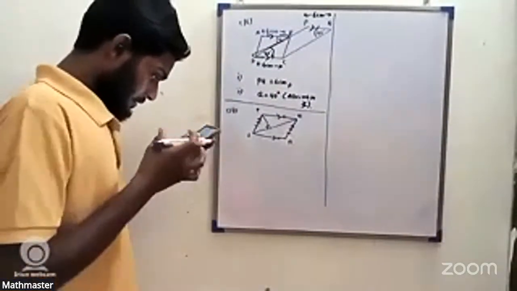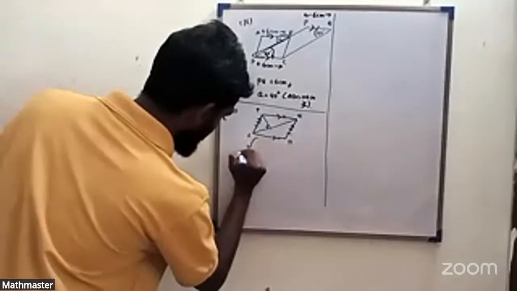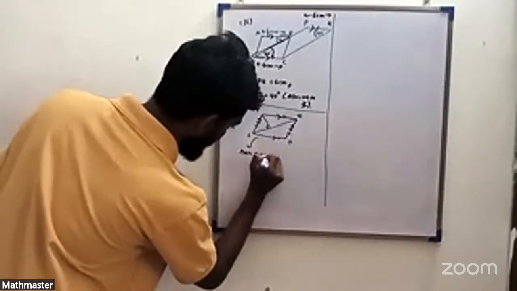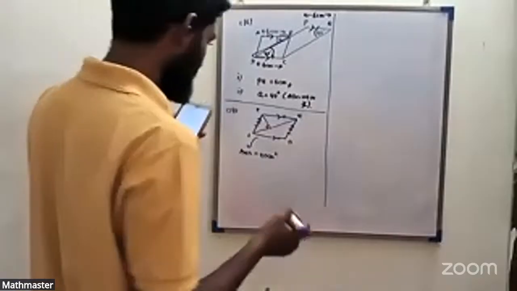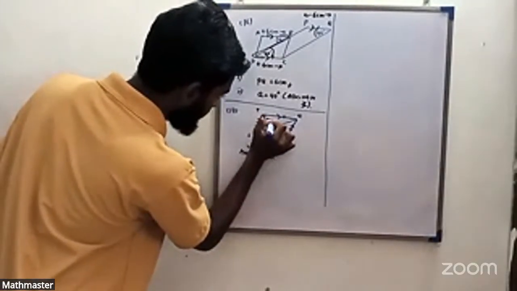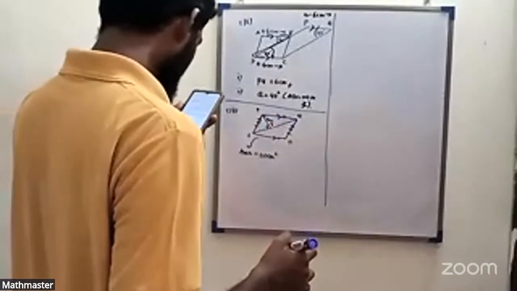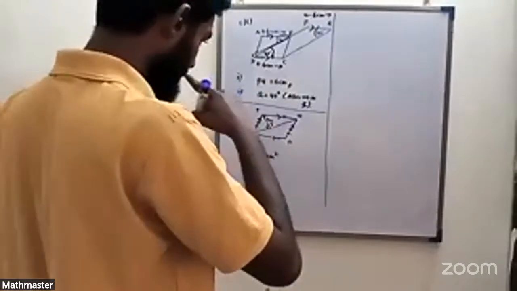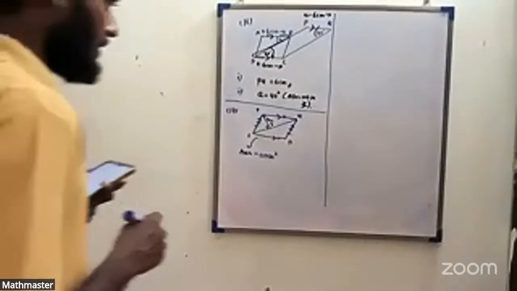The area of the parallelogram is 40 centimeters square, and they gave this one is 4 centimeters here. Find the length of the diagonal SQ.